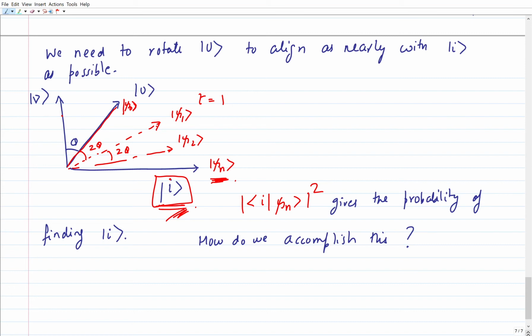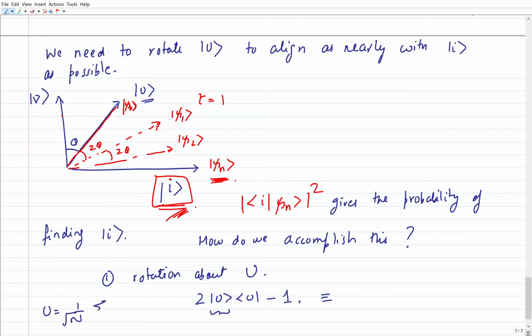So we already saw a rotation about U. That is just your vector, and if you expand u, remember u was the sum over all xj's.